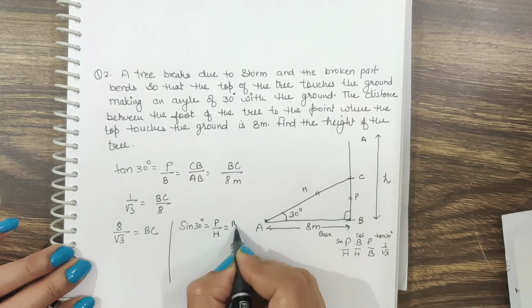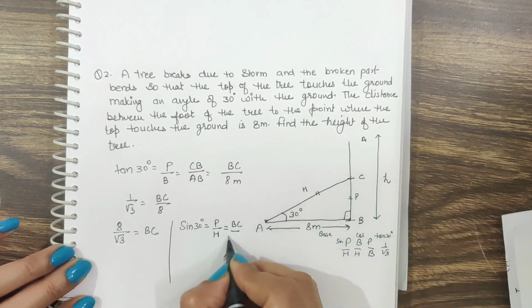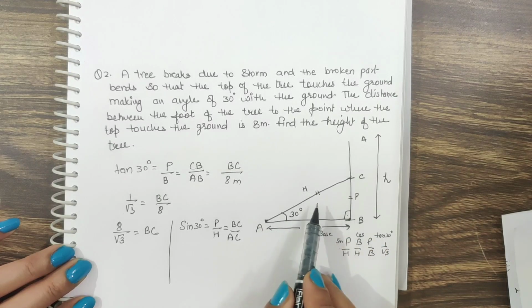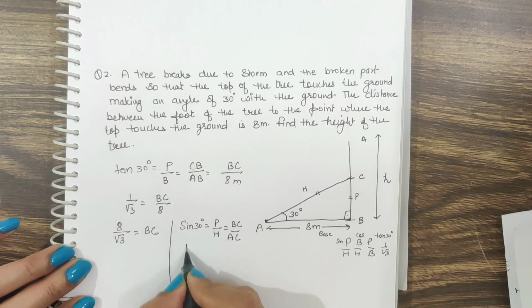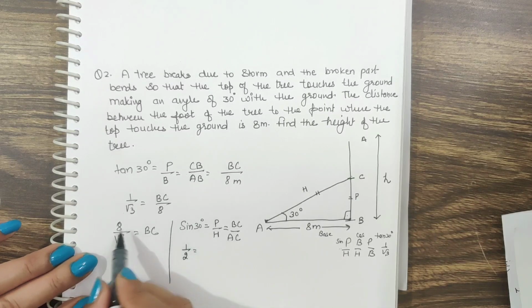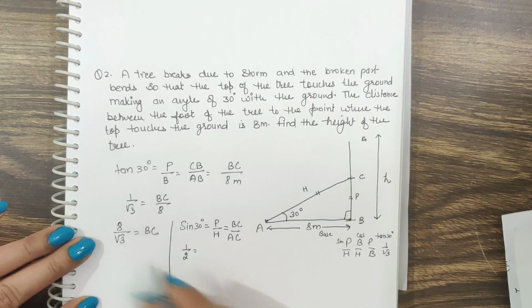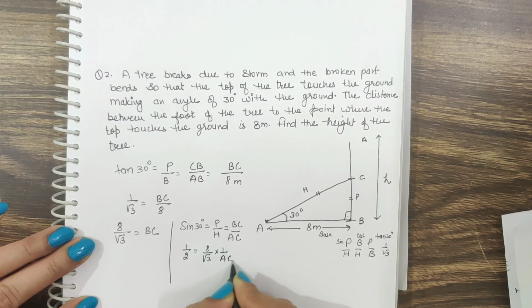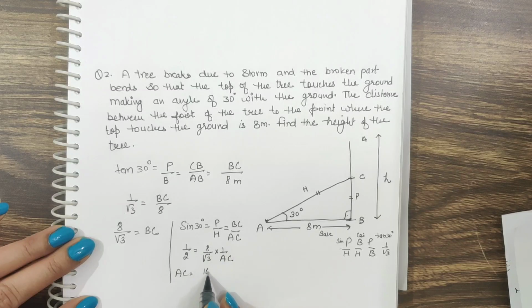Perpendicular is BC and hypotenuse is AC. Always remember, hypotenuse is always in front of the 90 degree. Sine 30 is 1 by 2. BC I already calculated, 8 upon root 3, equals 1 upon 2 into AC. Now AC is, cross multiply student, 16 upon root 3.